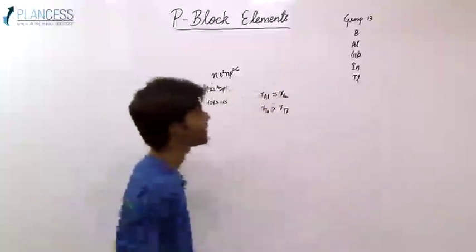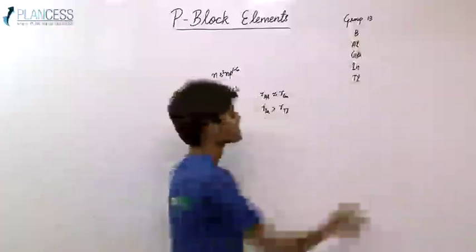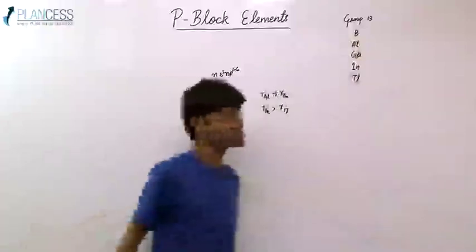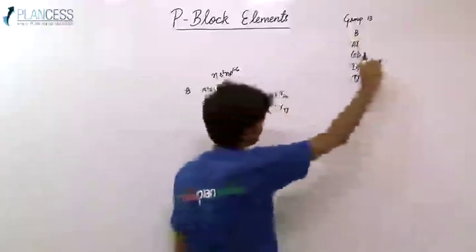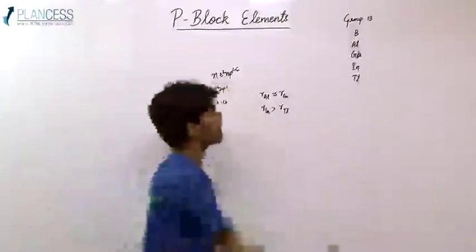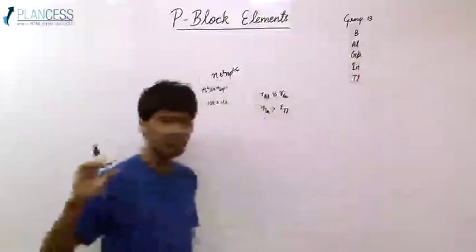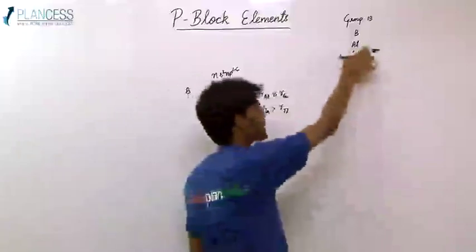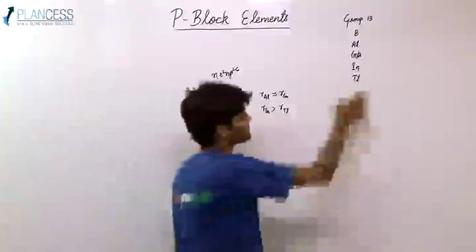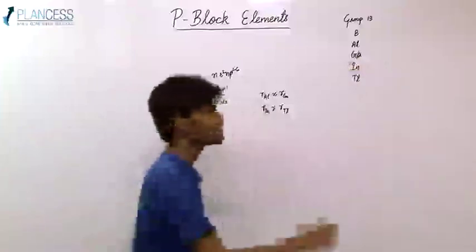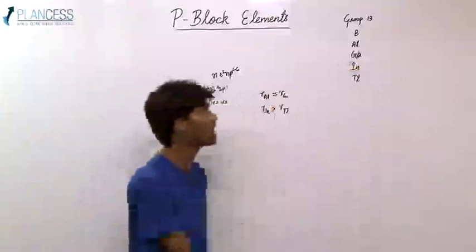But in aluminium and gallium, again because of the poor shielding effect, the sum of the ionization energy of gallium is greater than that of aluminium, and the same follows for indium and thallium also. However, the difference here is larger and the difference there is minimal, but between these two, again the sum of the ionization energy of gallium is greater than that of indium. So it is quite an exceptional order as far as the ionization energy and atomic radii are concerned.